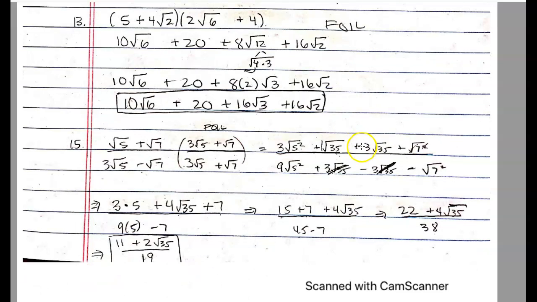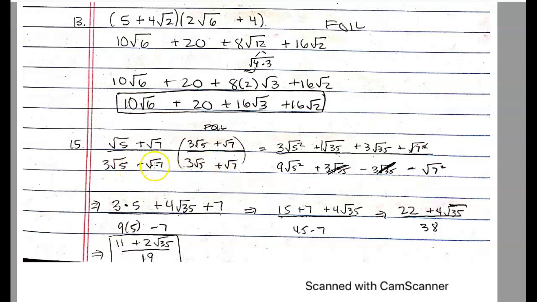Okay, number 15. The problem starts right here, and this isn't simplified because we have a radical in the denominator. What we do to make that disappear is multiply by the number 1 in the form of 3 root 5 plus 7 root 7 over 3 root 5 plus 7 root 7. It's the conjugate of the denominator. So this is a negative and this is a positive.